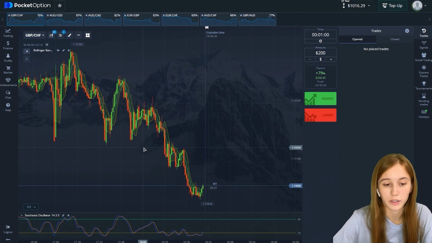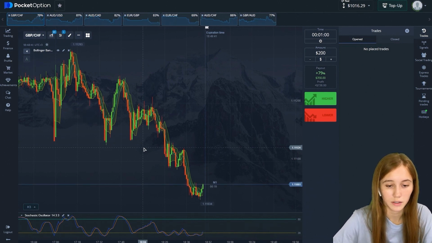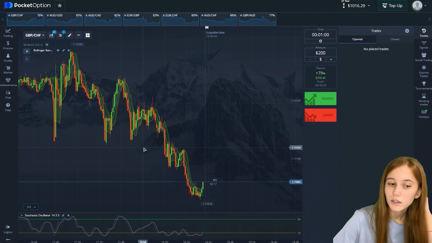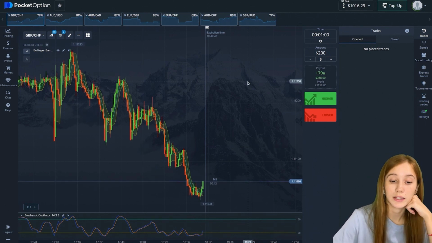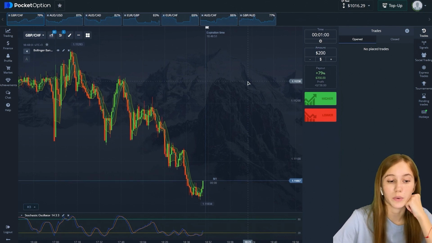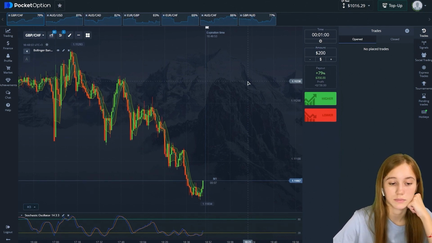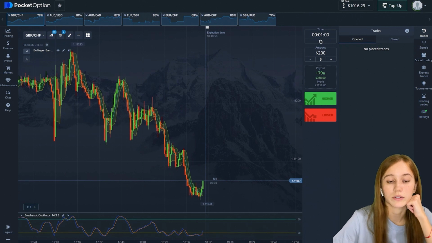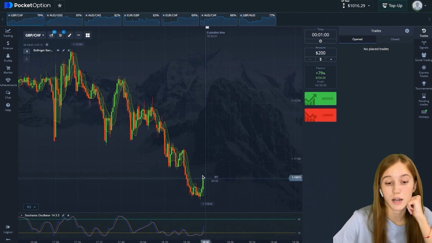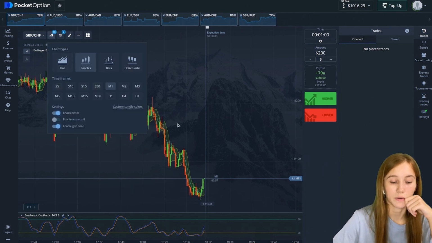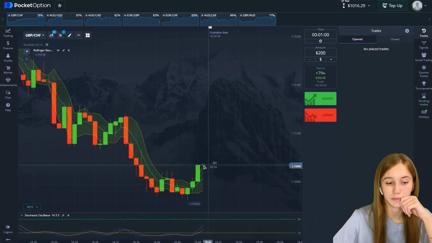Let's finish our trading session for today and summarize it. Our balance was only $100 at the beginning, but now it's more than $1,000, so it's a good result, I think. Our parameters: deal time 1 minute, time frame on our chart also 1 minute.